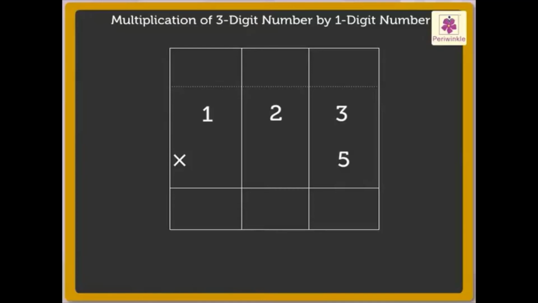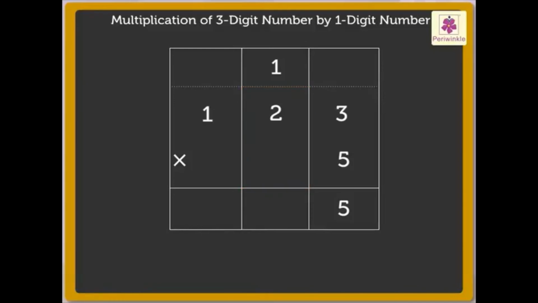Begin with multiplying the ones. That is, 3 ones into 5 is equal to 15 ones. Regroup the 15 ones as 1 ten and 5 ones. Next, multiply the tens.